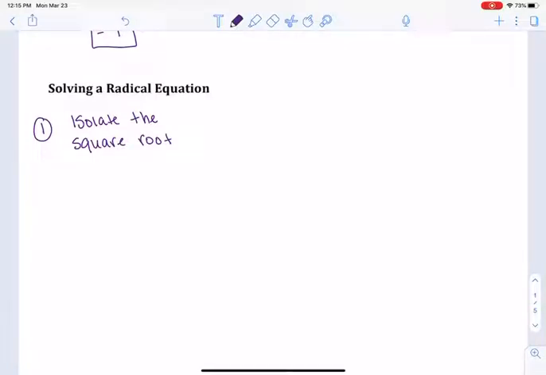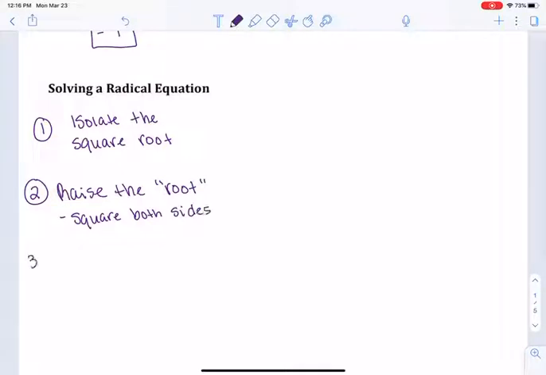Then step 2 is going to be raise the root or square both sides. Then we're going to solve for x, and then we're going to check the answer. Okay, so those are the 4 steps, and let's go ahead and do an example, and I'll try to match it up with the steps here.